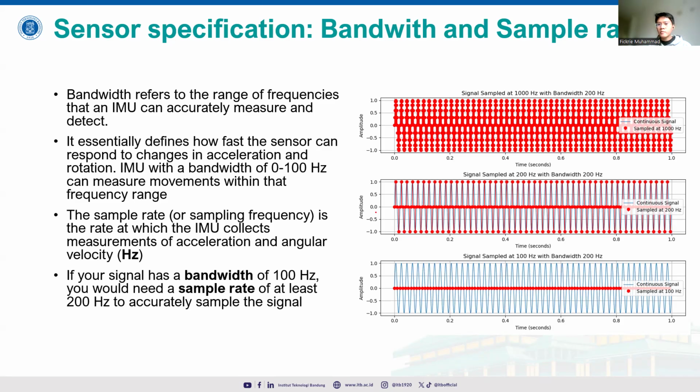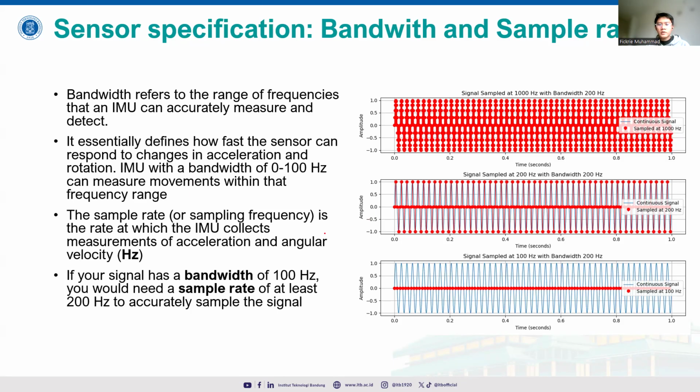A higher bandwidth may be necessary, like 1000 hertz or higher. And the sample rate, or sample frequency, comes from this. So for every 1000 hertz of bandwidth, it can collect 1000 data points per second, like in solar, right?